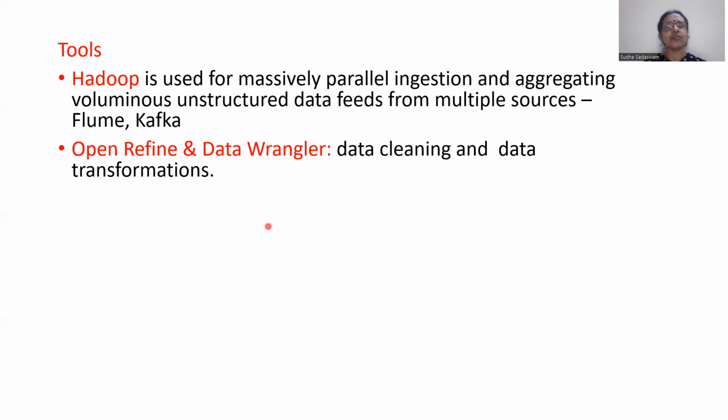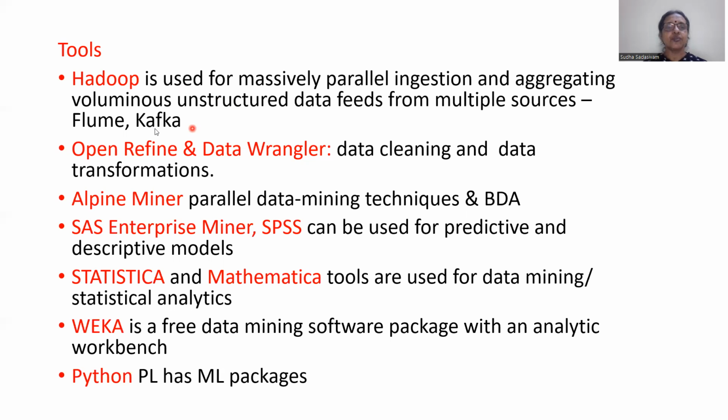We will see what tools can be used in different phases. During the storage, we make use of Flume and Kafka. Flume is used to collect the data, and Kafka is used to queue the data to the storage device. ETL is done by Flume and Kafka is used for maintaining the message queues.